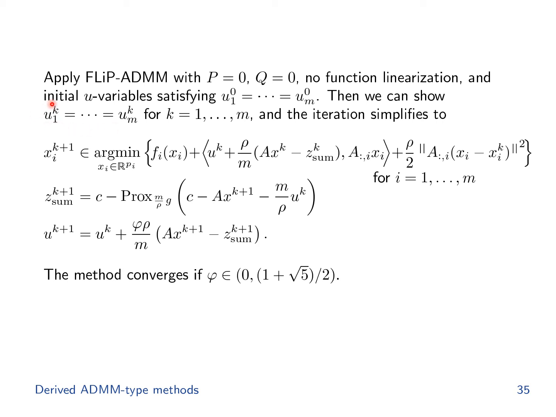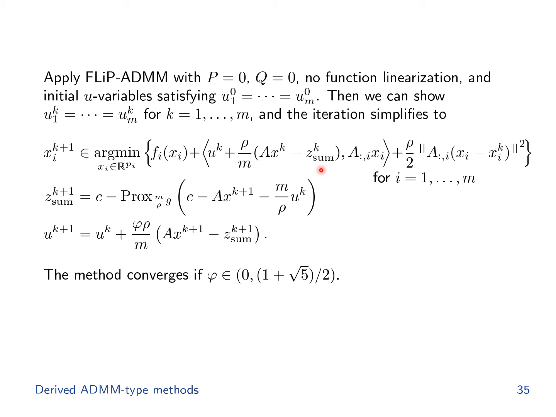Therefore, instead of writing so many different u's, we just use a single u. And then this way, the iteration simplifies to this form, where x^(k+1) can update all its components in parallel, independent of one another. And then they use u^k, the x^k, which are the last iterates of all the components, as well as the sum of z^k.